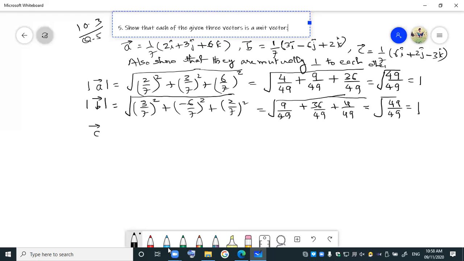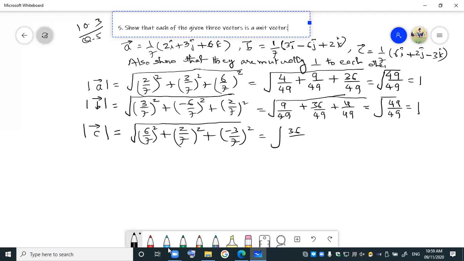Third, for vector C, we also have to show that it is a unit vector. To find its magnitude, it should be equal to 1, then it will be a unit vector. So (6 by 7) whole square plus (2 by 7) whole square plus (minus 3 by 7) whole square.